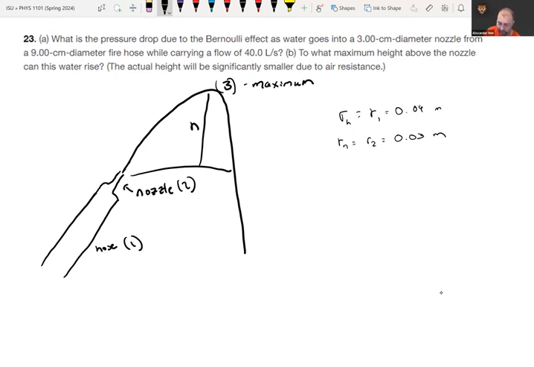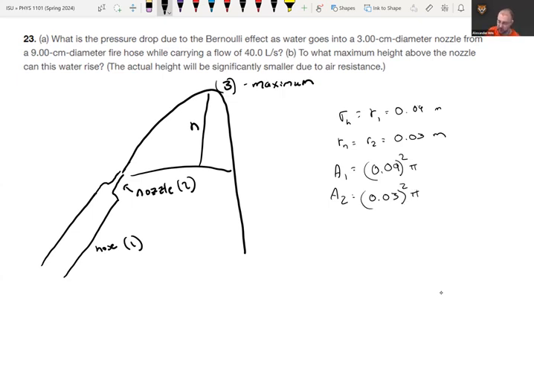Okay. Now I would also calculate, just while I'm doing this, because I don't want to accidentally use R instead of A, I would just say that A1 is 0.09 squared pi, and A2 is 0.03 squared pi.